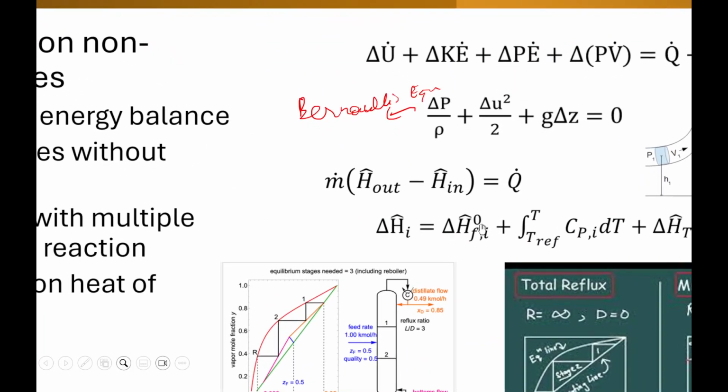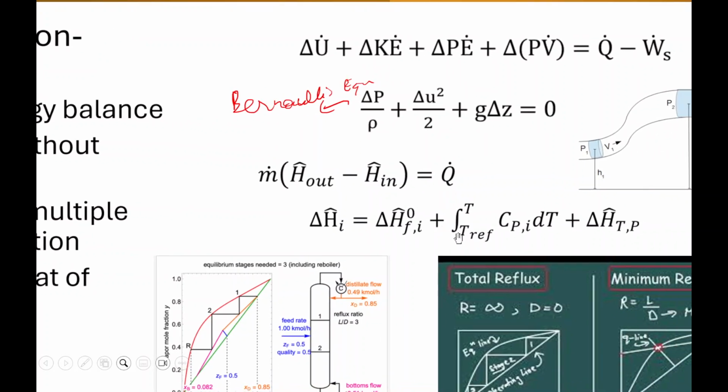This term is basically your experimental enthalpy of formation that you have computed from your experiments. Then this is your m Cp dT, basically your sensible heat, and then you add the latent heat. So this is your sensible heat term, this is your latent heat term.